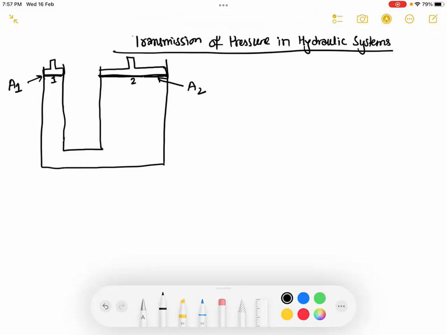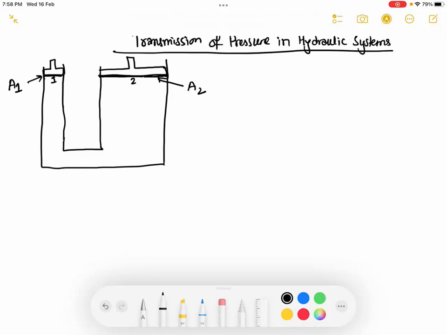This is the area of the piston, the cross section of the piston. So obviously area 1 is smaller than area 2.